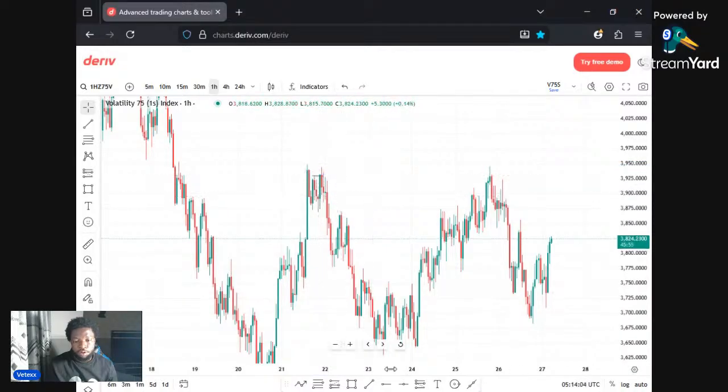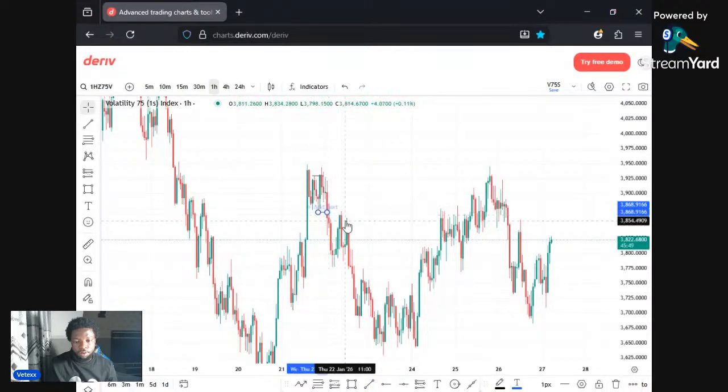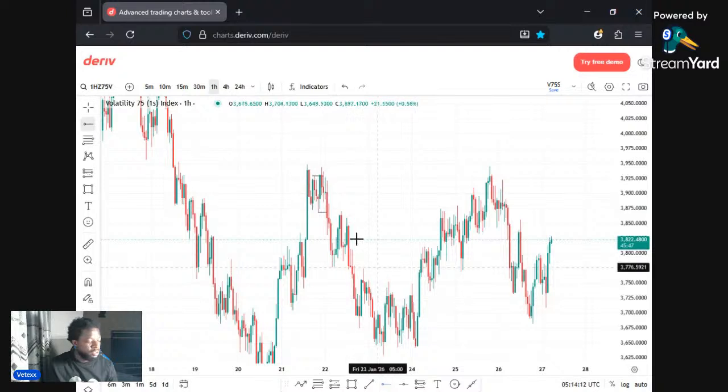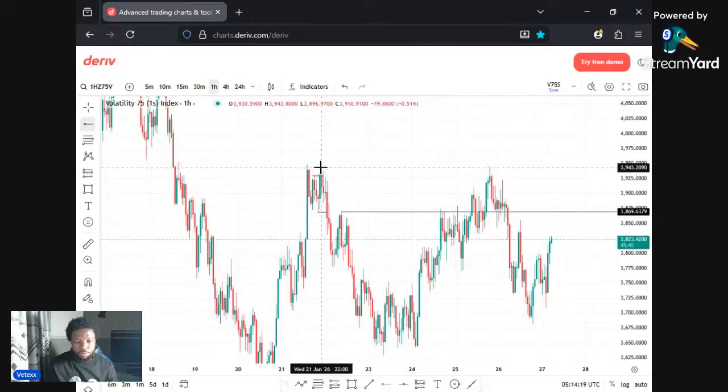This is our sweep of liquidity. We have our first break of structure, which is right here. We have price retrace 50% to give us structural liquidity, which is here. And then we have our protected high. And finally, we have our second break of structure.